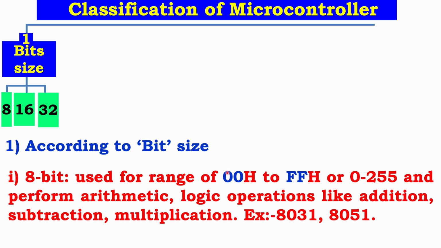These 8 bits have one lower nibble and one upper nibble, so the range is 00H to FFH. This performs 0 to 255 arithmetic logic operations like addition, subtraction, multiplication and so on. Examples are 8031, 8051 and so on.